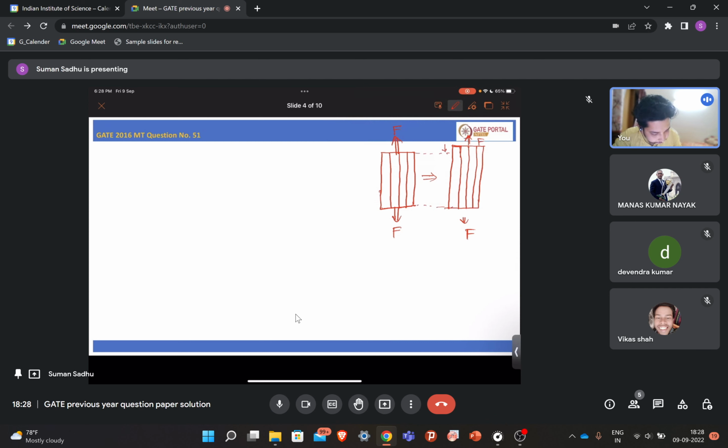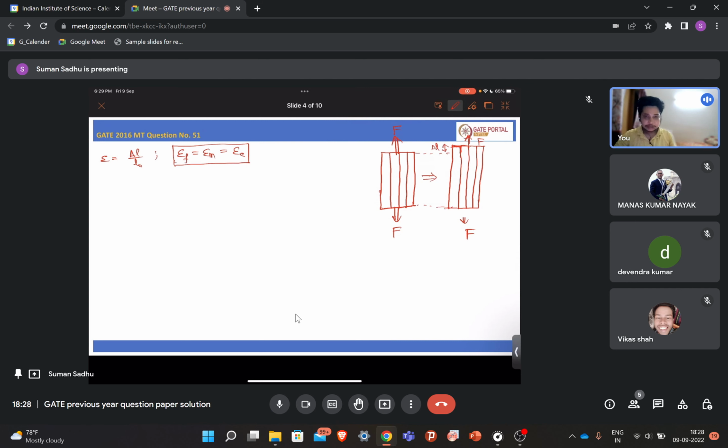Let's say this length change, delta L, is the same for the matrix as well as the fiber. So what does it mean? What is epsilon? Delta L by L naught, right? So epsilon will be the same for the fiber and the matrix, and also the same for the composite, because the length change will be similar if you load along the longitudinal direction.